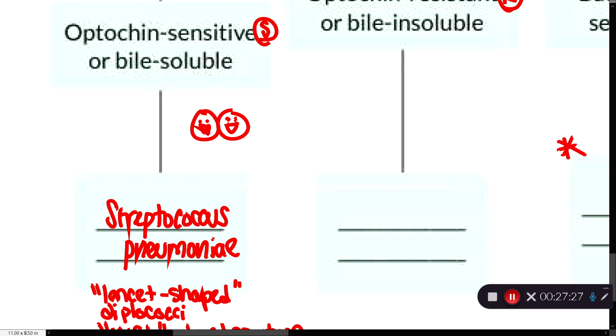And this actually refers to a whole group of them. And a lot of times you might see in some books referred to as, I won't give the name away, but you might see them referred to as non-typable strep, and it's because they do not have C carbohydrates that are typable.